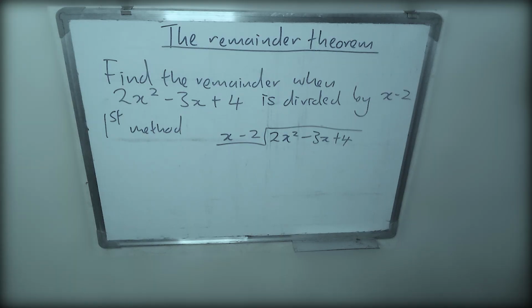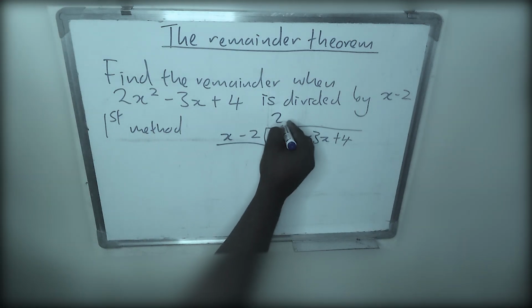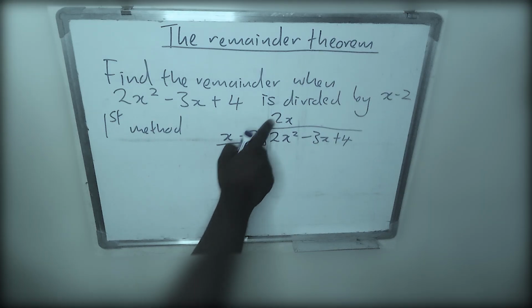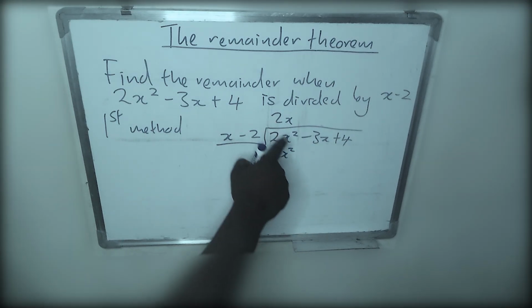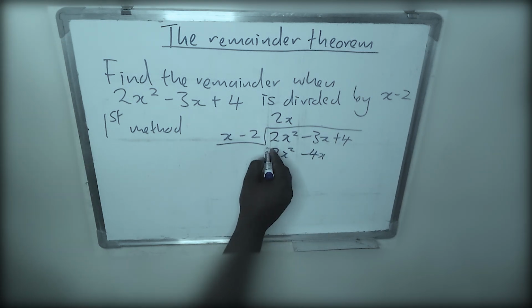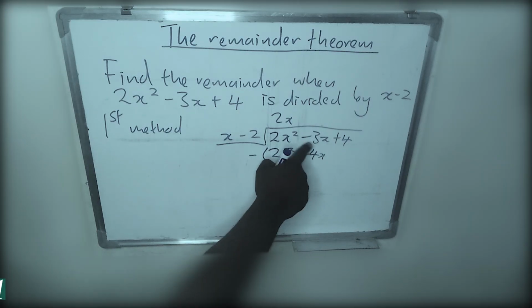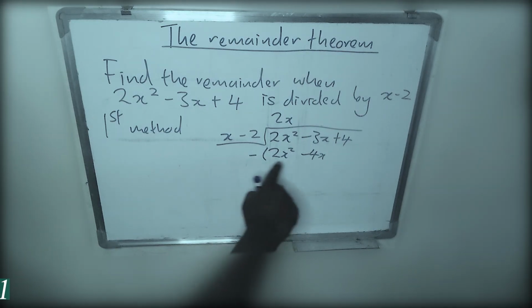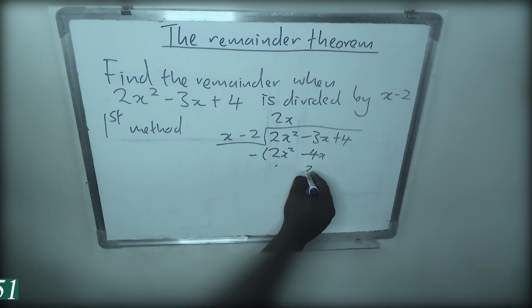Right, so we can now divide, x into 2x squared is 2x. Now 2x times x is 2x squared, then 2x times minus 2 equals minus 4x. Then we subtract: 2x squared minus 2x squared is 0, minus 3x minus minus 4x is x.